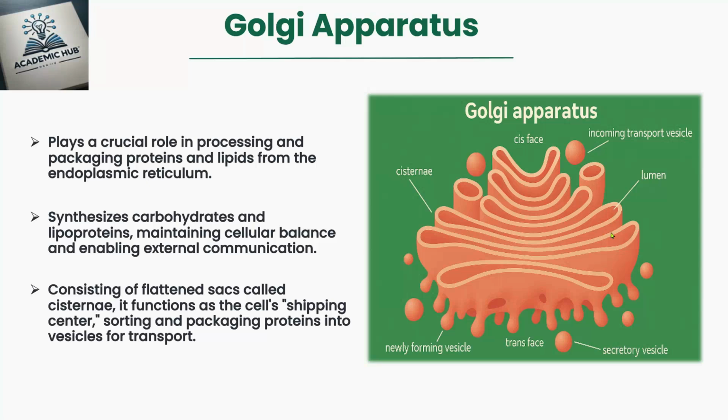Now we will take an example, the Golgi apparatus as a warehouse. Imagine a warehouse where raw materials arrive. The Golgi apparatus is a place where the raw material arrives, and in this the raw material is processed, labeled and packed into boxes before being shipped to stores.